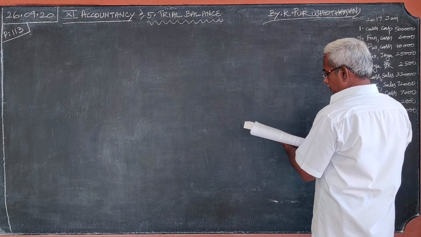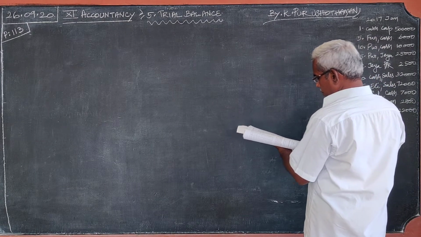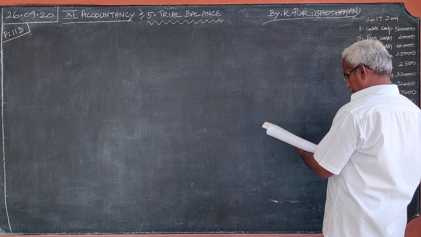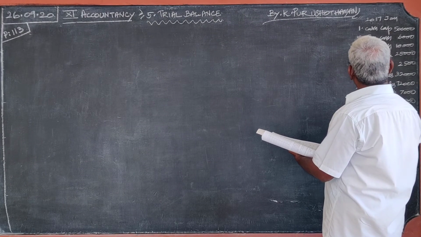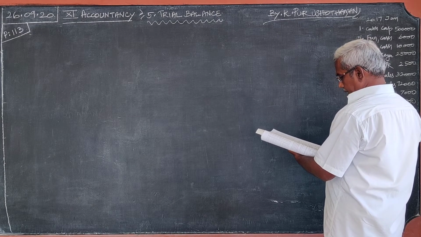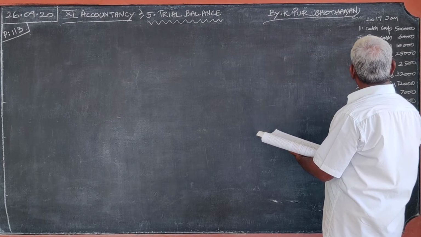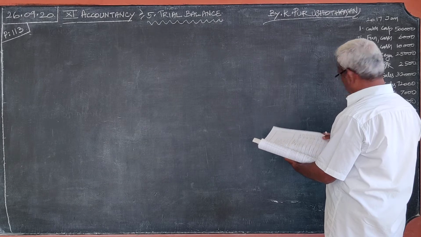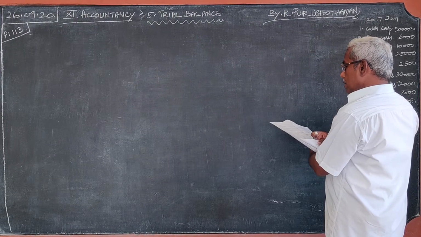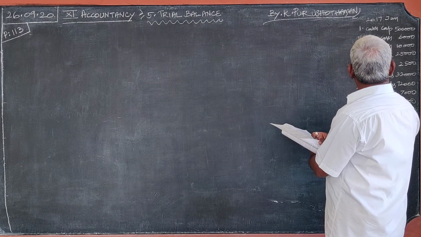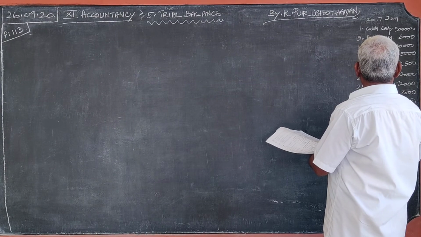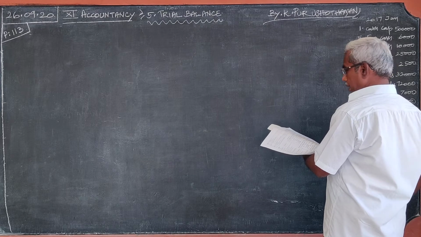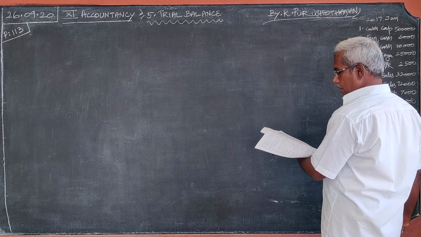So for all the three we have written the journal entries: Jayanti to purchase return account, cash to sales, Elizabeth to sales, salaries to cash, then cash to commission, cash to Elizabeth.